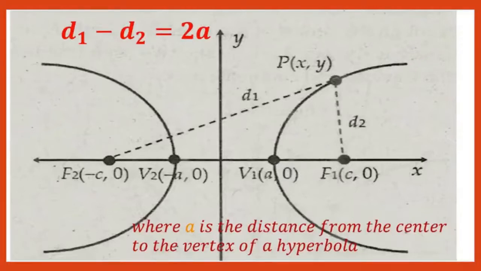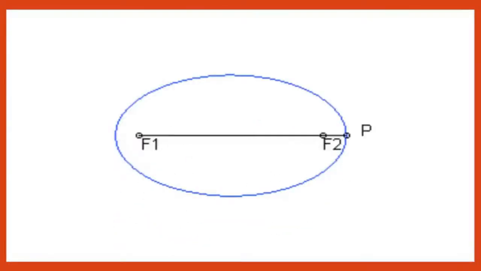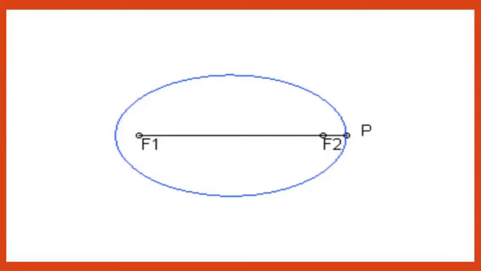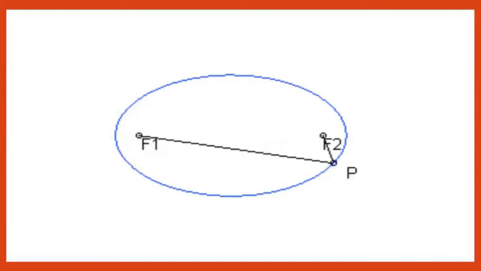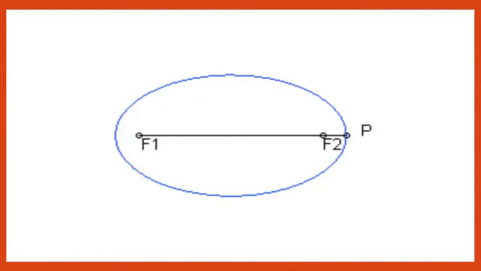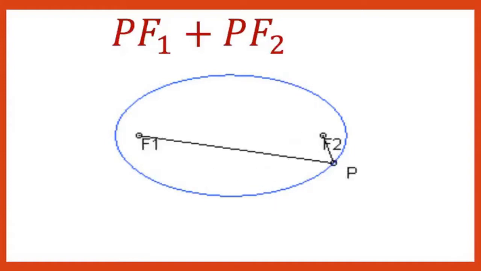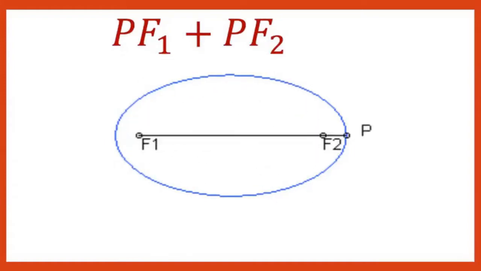Okay. If you still remember, sa ellipse, constant din yung sum of the two distances of any point on the ellipse from the foci. Okay, so that is PF1 plus PF2 is equals to a constant value. Again, the constant value is equal to 2a.